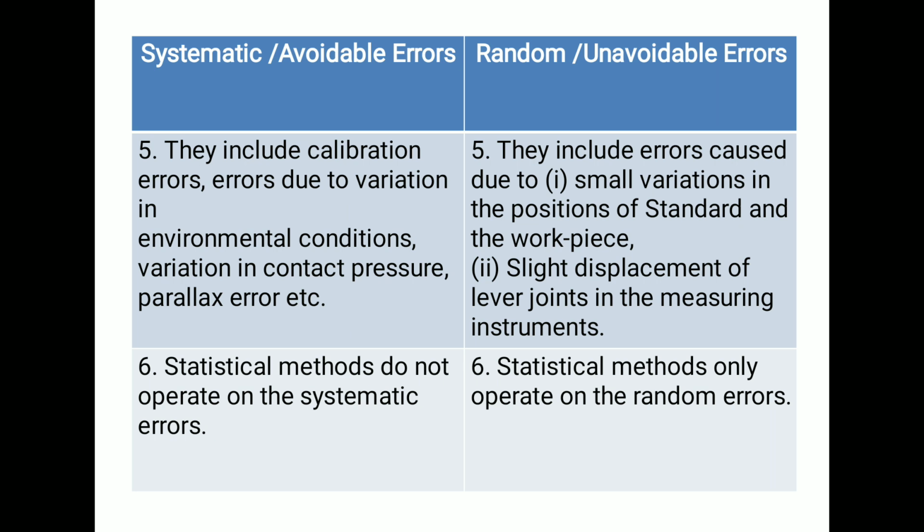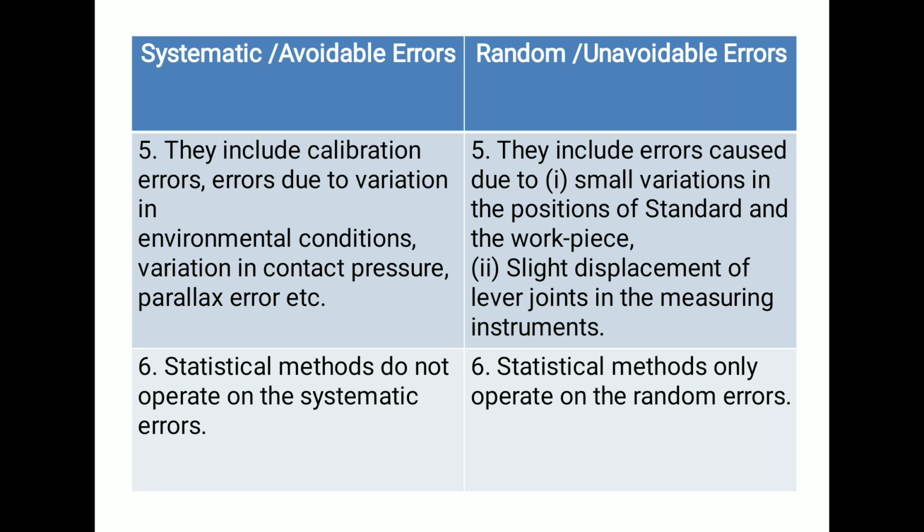Fifth point, systematic errors include calibration errors, errors due to variation in environmental conditions, variation in contact pressure, parallax error, etc. Whereas random errors include errors caused by small variations in the position of standard and workpiece, slight displacement of lever joints in measuring instruments, and other such inherent reasons.